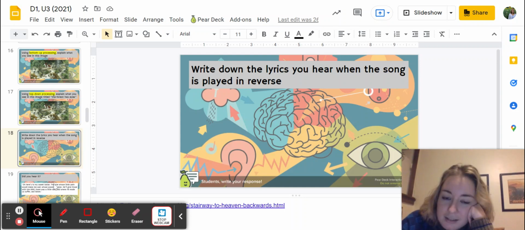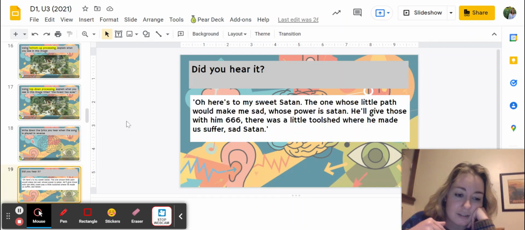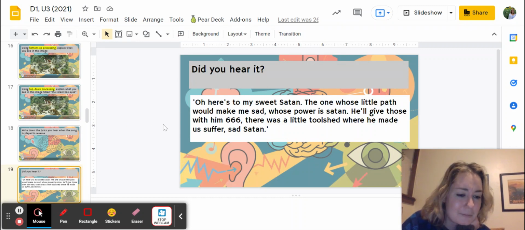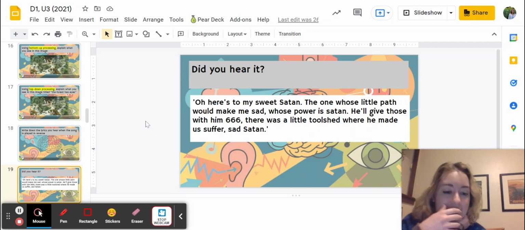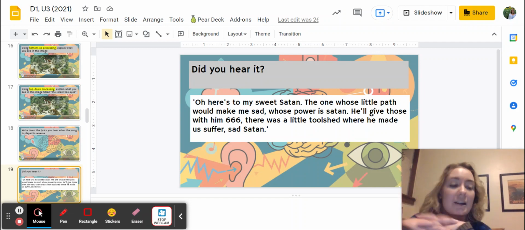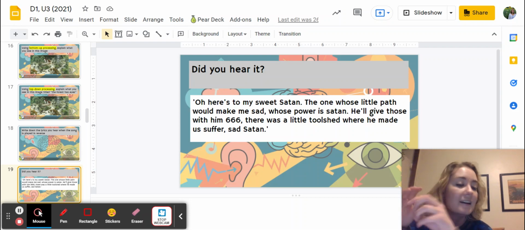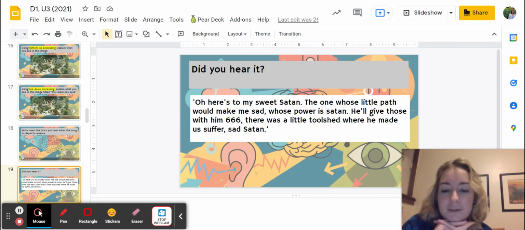But what happens is when I first give you these lyrics, and say listen for these lyrics when you listen to it backwards, you hear all these things. So people would mask music back in the day, and this is how the whole rock and roll is evil and satanic thing came about, because they would say, oh, there are satanic messages when you play it backwards.